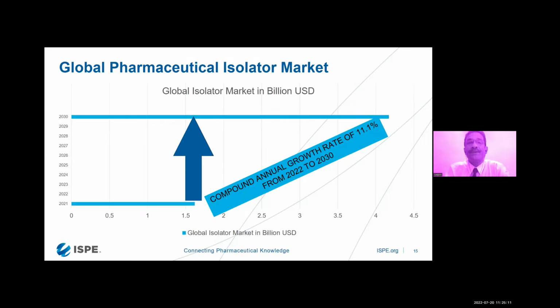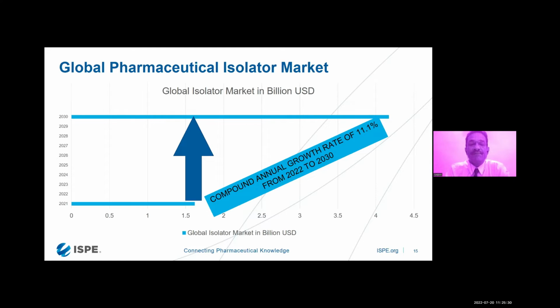More and more companies are going for isolators even for products which are non-potent. They are aseptically manufactured, but the companies want more assurance in handling these products.